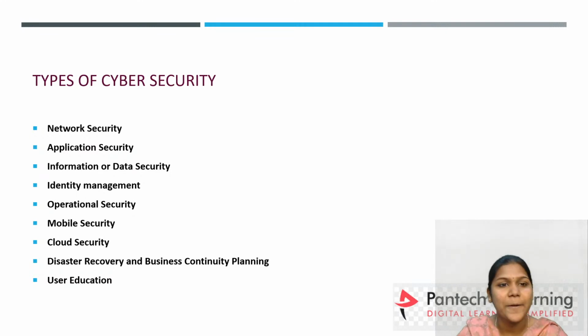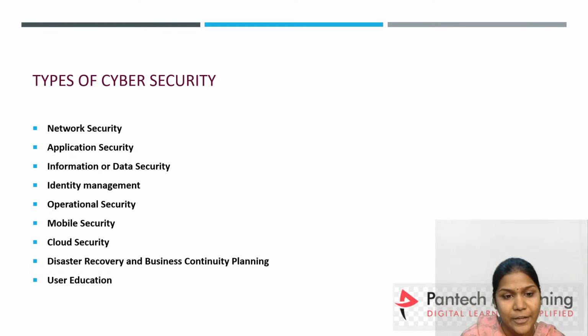So here comes the types of cyber security. We have discussed network security, where we provide security or protocols to secure the entire network. Application security means we provide security for software applications or any project applications, basically in the IT industry. Next, information or data security: any type of information or data has to be secured using this.